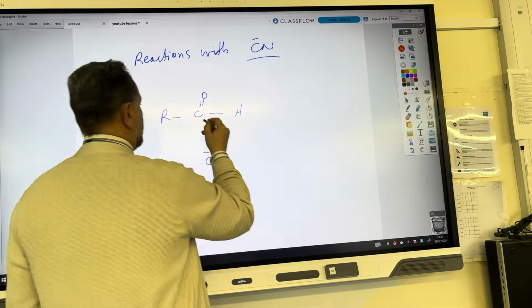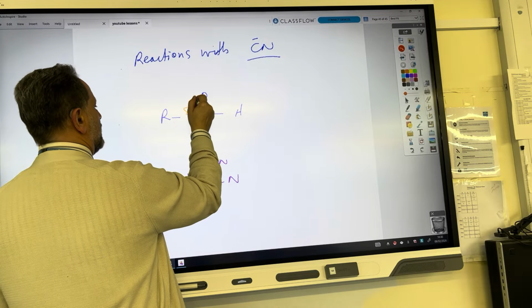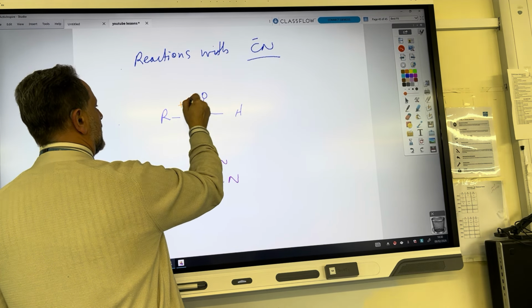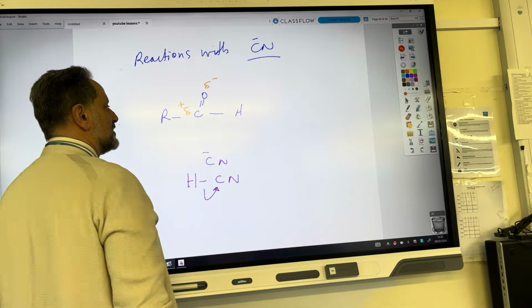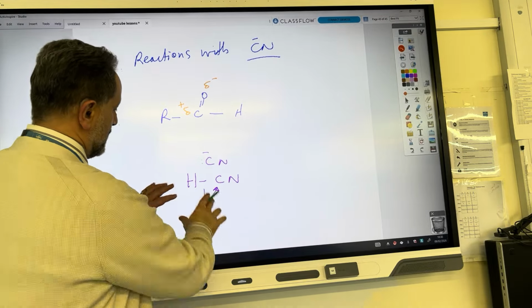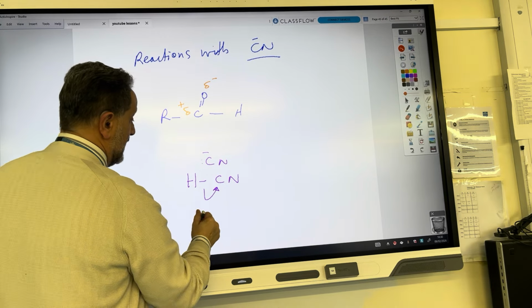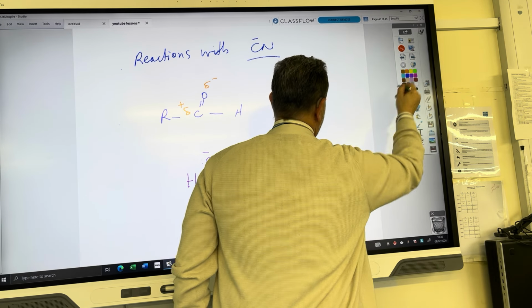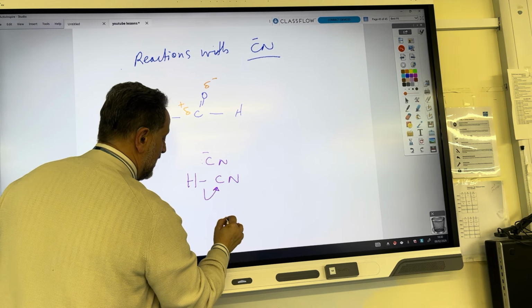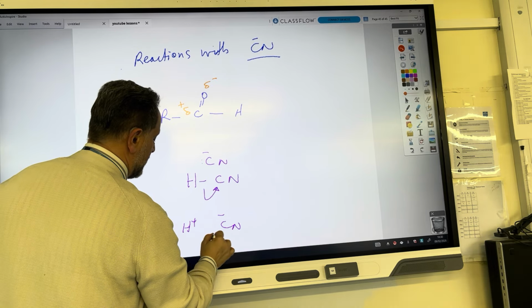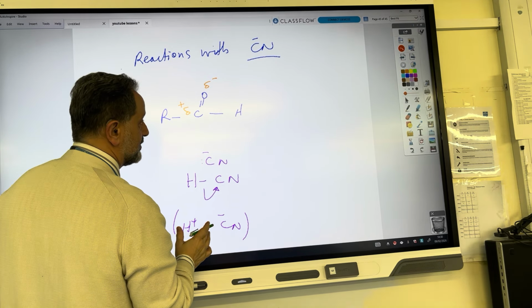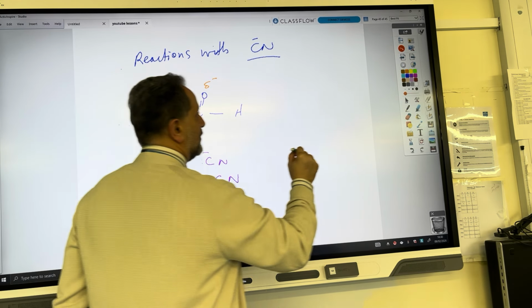So what do we have here? Carbonyl functional group, remember? Delta plus, delta minus. So this guy has turned into now CN minus, and don't forget that H plus somewhere in the background. So the reaction mechanism.